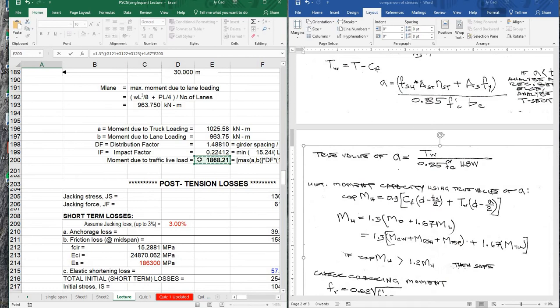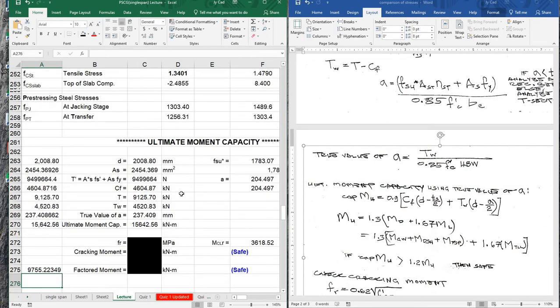Ayan po. And then close parenthesis, 97.55, and correct.